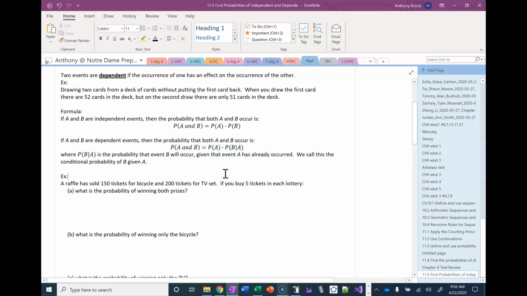If A and B are dependent, then the probability that both events A and B occur, the probability of A and B, is equal to the probability of A times the probability of B, given that A has already occurred. So that's how we read this symbol here.